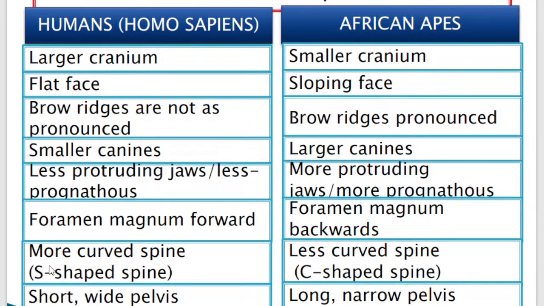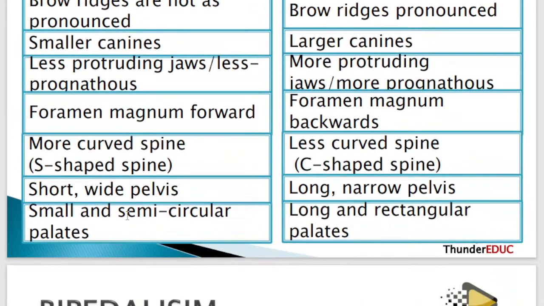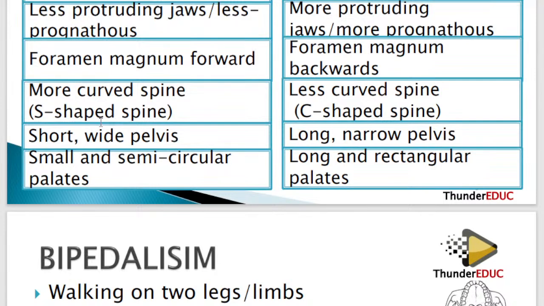Then when you come to the less curved spine, I'm going to show you, but it's not about too much of the spine because I don't have the spine of the gorillas, but I have the spine of a human. So I will show you how this brings about bipedalism. And then the other one is C-shaped.